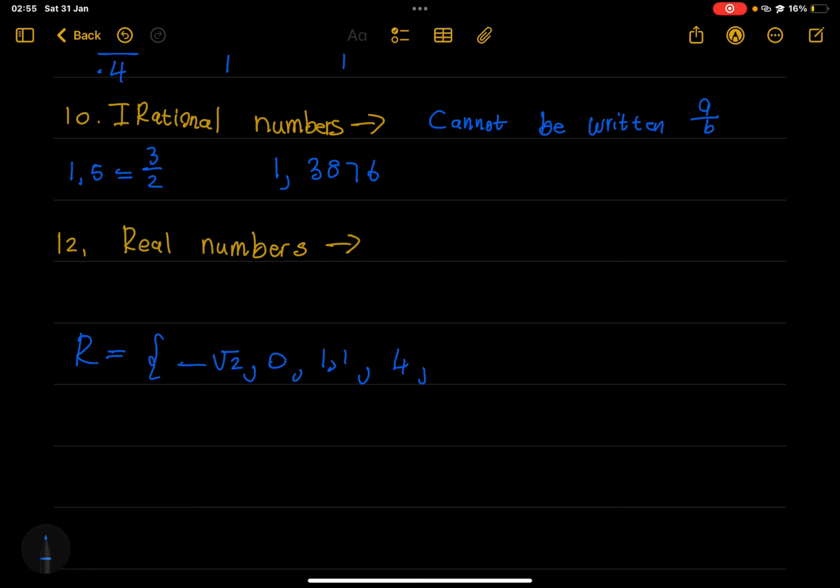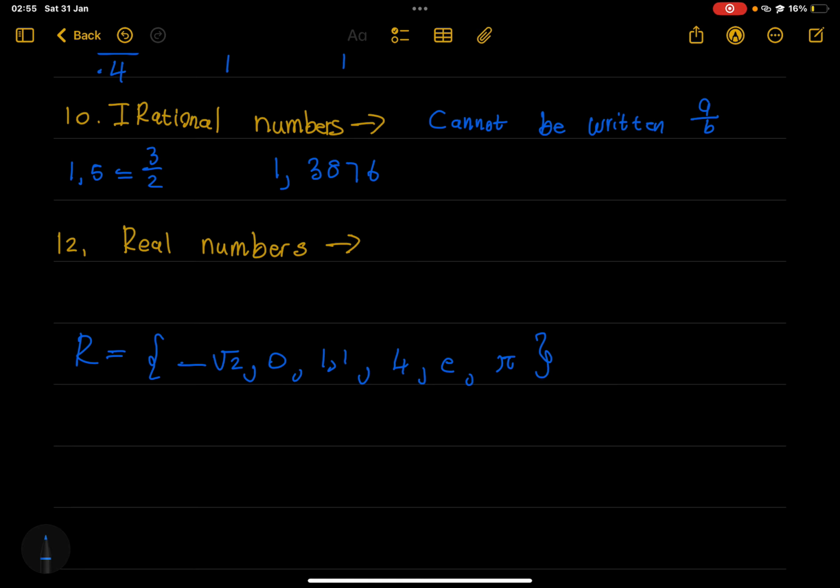It can be anything it wants. Can be e, which I think is 1 point something, and it can also be pi. Understand? A real number is any number that you can see.